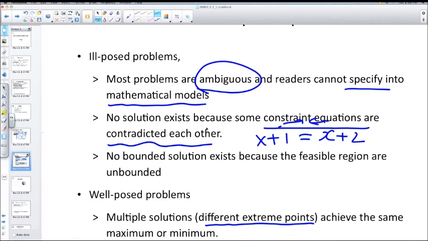You don't find any solution. Another situation is you don't have enough constraints, leading to no bounded solution. It means if I don't have any constraint, I can make x, y, z equal infinity. That's not a real solution in the real engineering or business world.